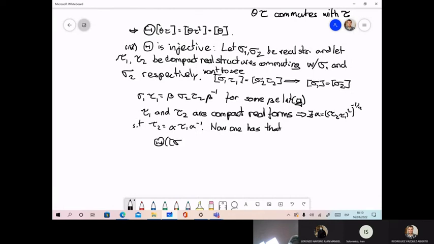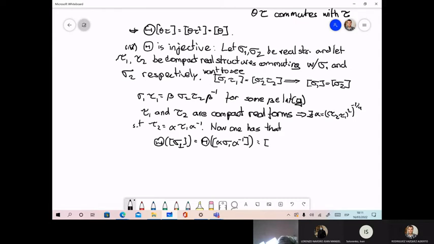theta of the class of sigma 1 equals theta of the class of alpha sigma 1 alpha minus 1. We just conjugate sigma 1 by this conjugation, which makes tau 1 and tau 2 the same.